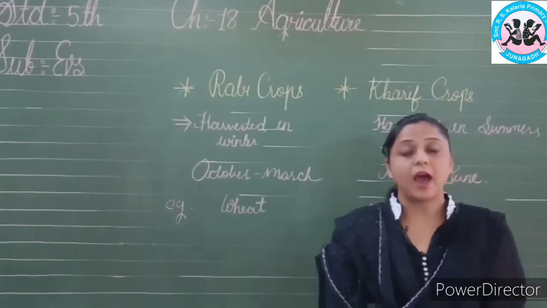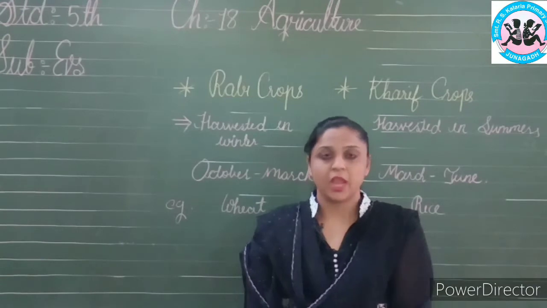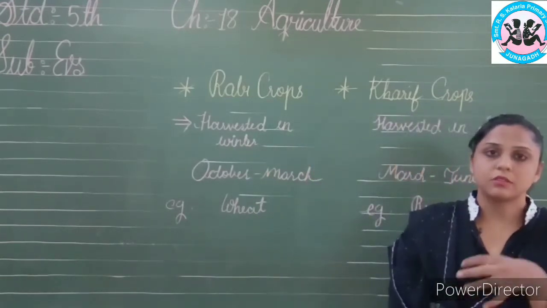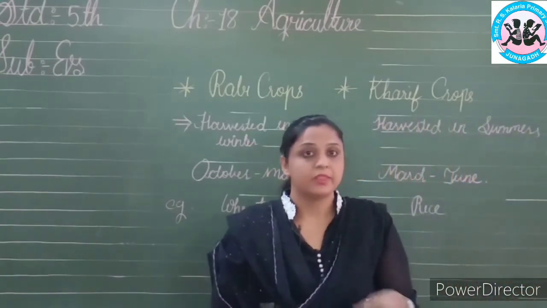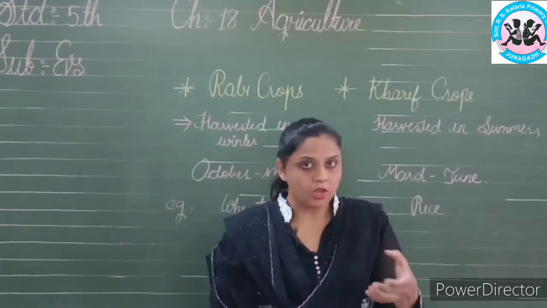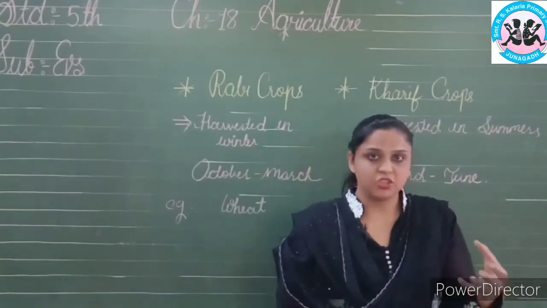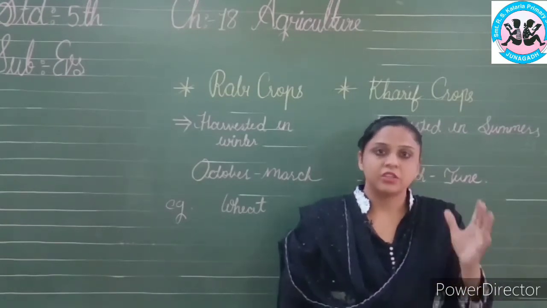These crops are harvested in winter because every crop has different characteristics to grow. They need different types of soil, different atmosphere, different temperature. Everything crops need will be different.